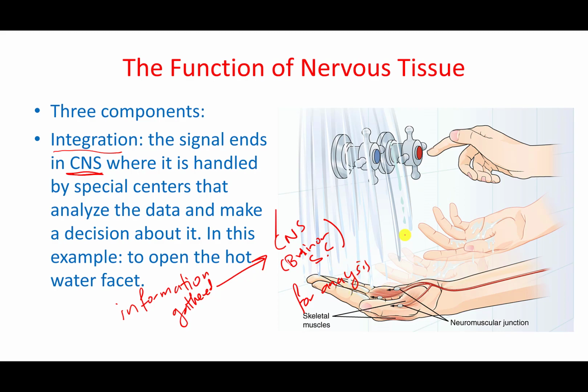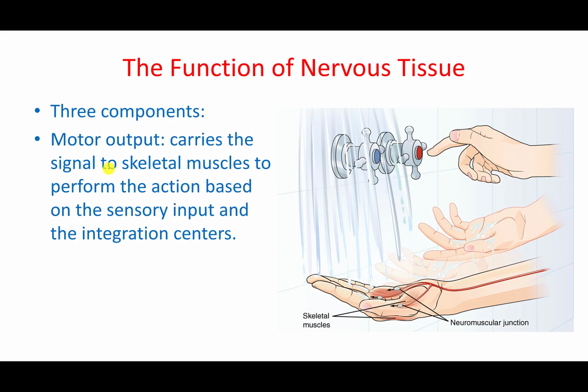So back to this example, if you decide that the water is cold, you are going to move your hand and increase the temperature or increase the amount of hot water that's coming through. So all of this was a decision that is made in the central nervous system.